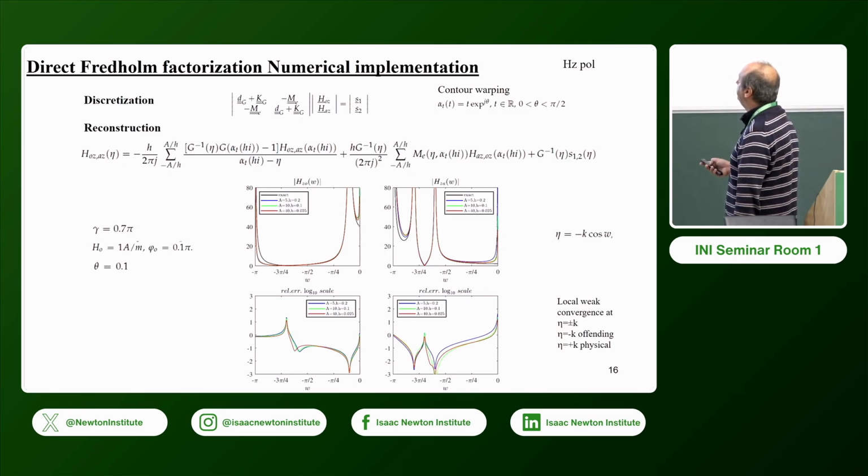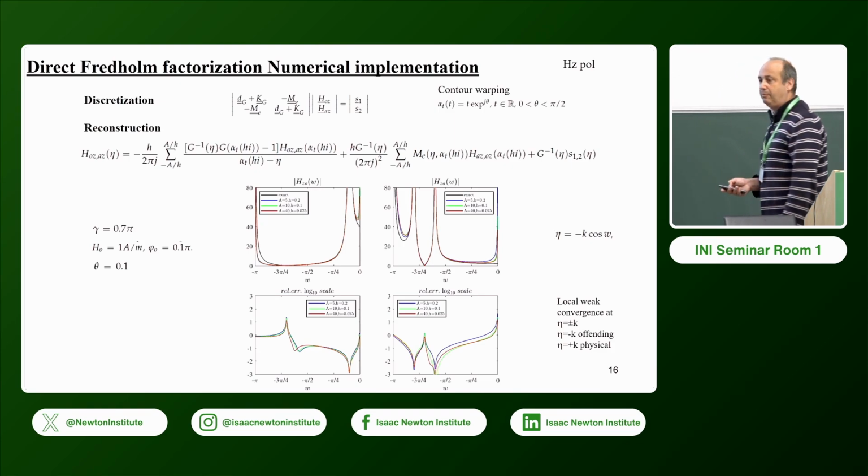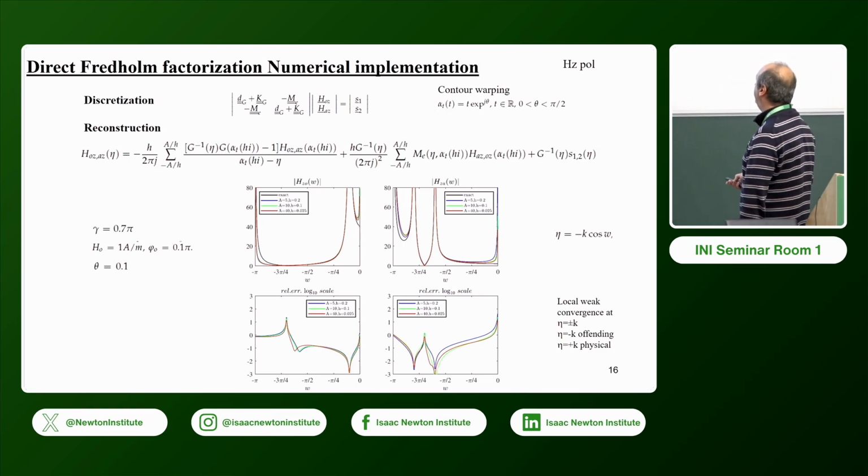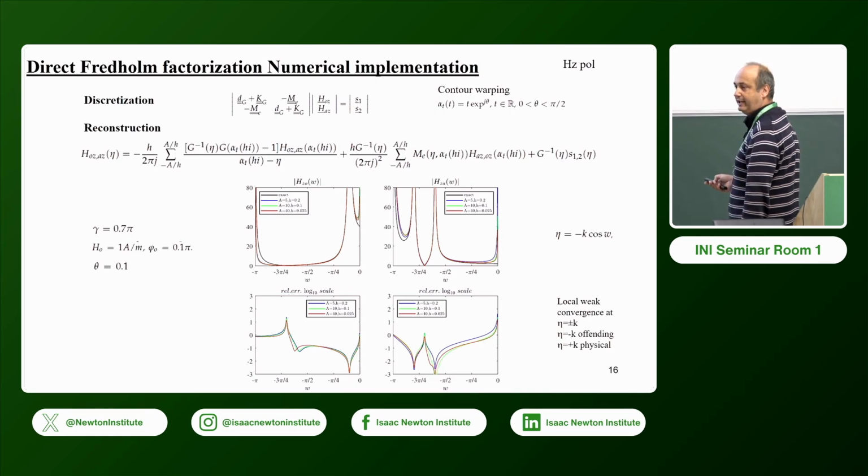And here you see the spectra for HZ on phase A. Also this black solid line is the one a little bit shifted here, and you see the convergence going toward the solution, but some lack of convergence at the extremes. It means for w equal to minus pi and 0, these correspond to k and minus k.